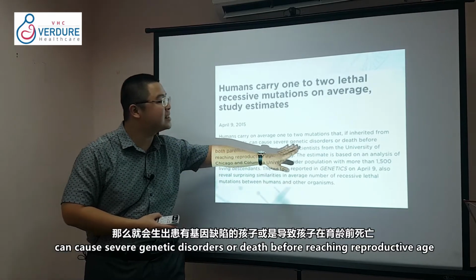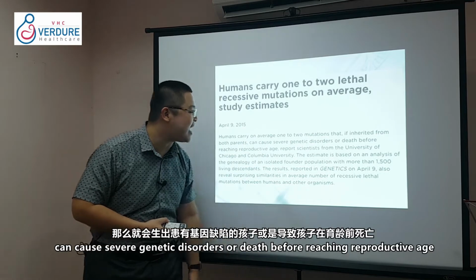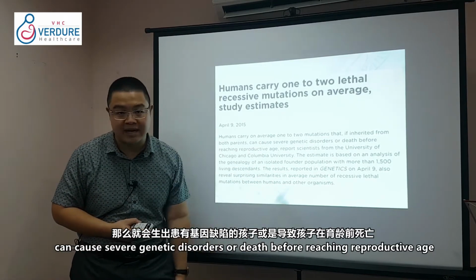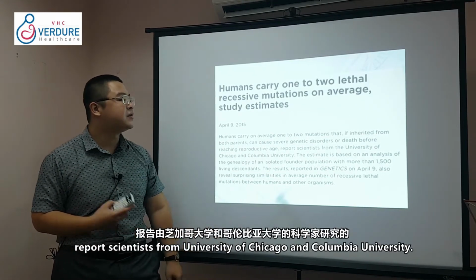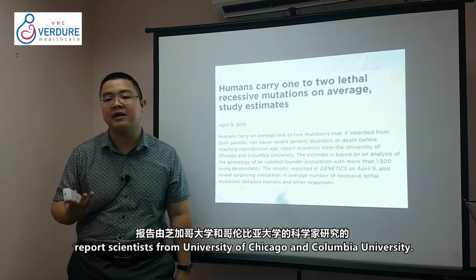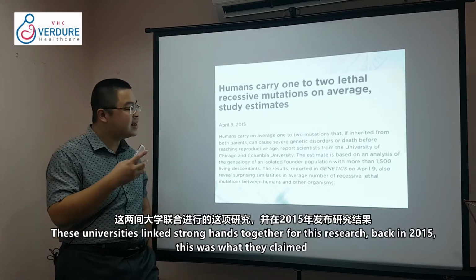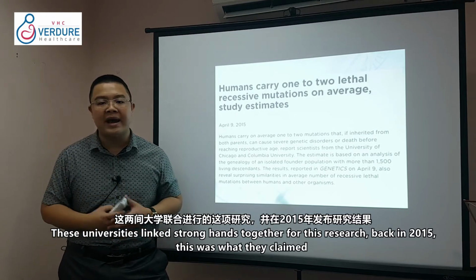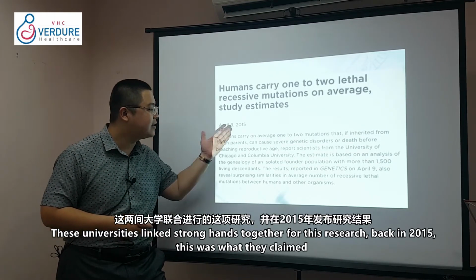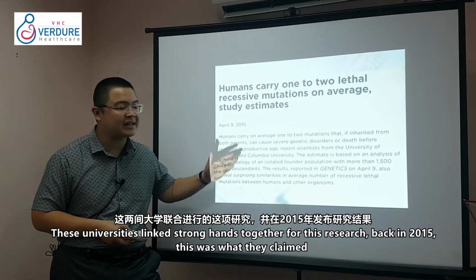It can cause severe genetic disorder or death before reaching reproductive age, report scientists from the University of Chicago and Columbia University. So these two universities linked strong hands together, and back in 2015, that's what they claim.